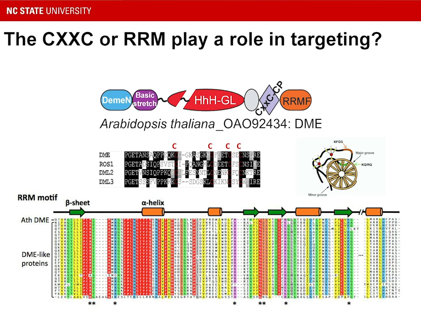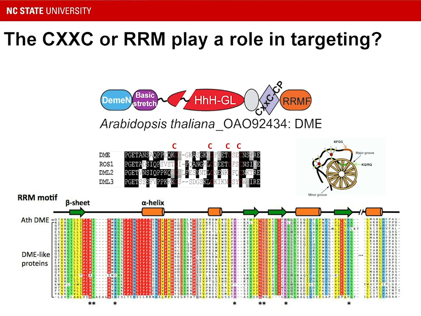Okay, so this is a kind of summary slide. We think the data is telling us that the C-terminal is directing localization of DEMETER. And if we look at the conserved region within the C-terminal, it's mainly the glycosylase domain. And then there are two interesting domains, CXXC and the RRM, the RNA binding motif.